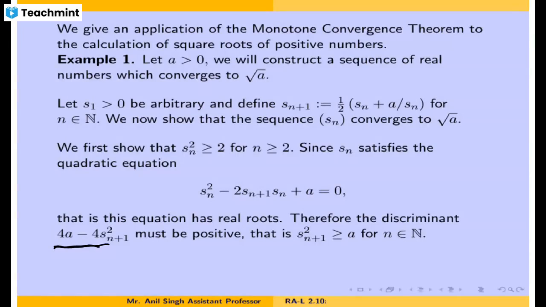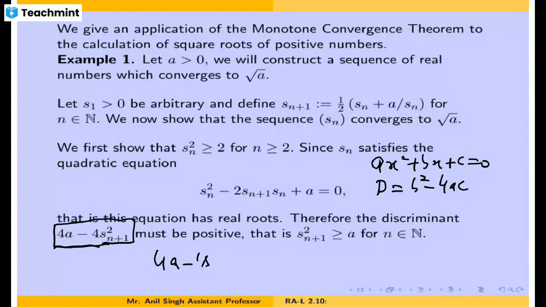In the case of a general quadratic equation ax square plus bx plus c equal to 0, the discriminant is always given as b square minus 4ac. And you have this discriminant here to be 4 S(n+1) square minus 4a. And this discriminant must be greater than or equal to 0.